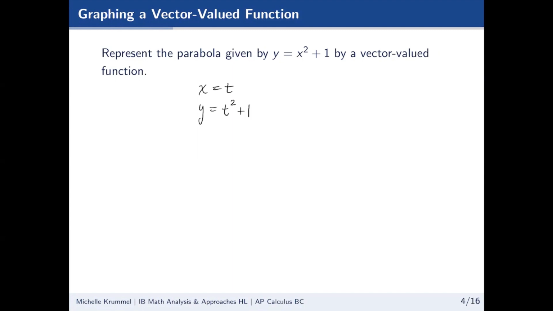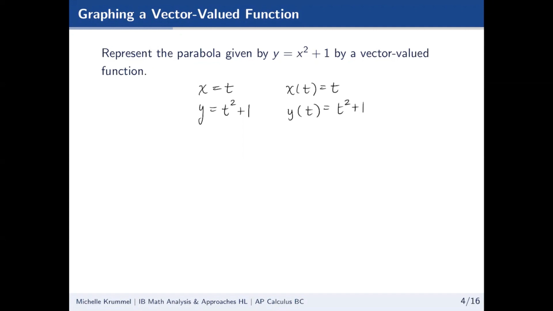Now, this isn't a vector-valued function yet. This is just parametric equations, but we can very easily write this in the form. I don't necessarily have to use function notation, but just so we match what we saw a moment ago on the previous slide, we can write this as x of t equals t, and then y of t equals t squared plus 1.